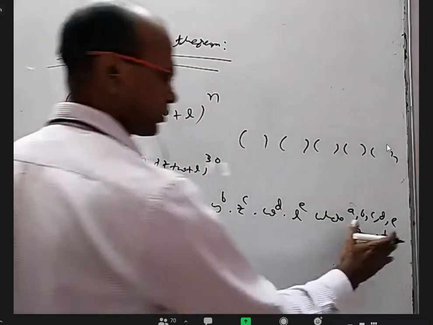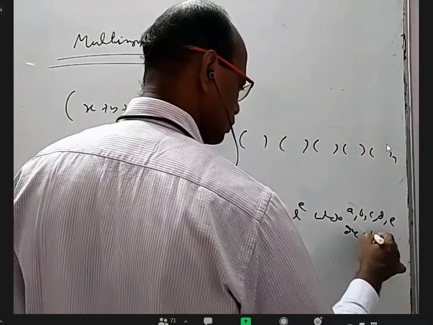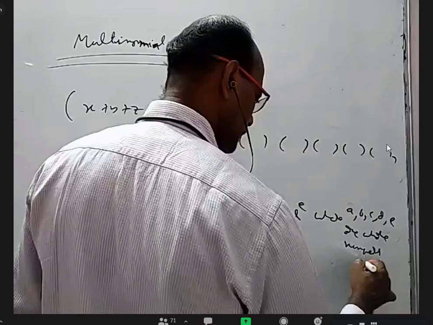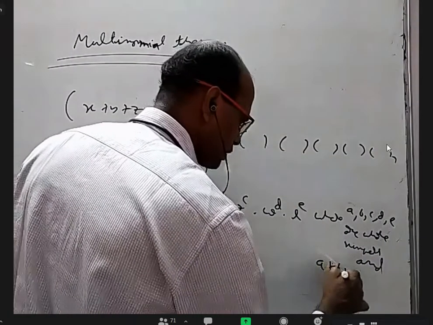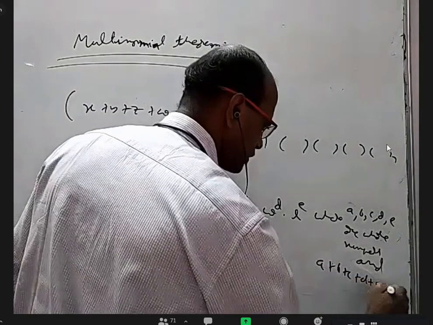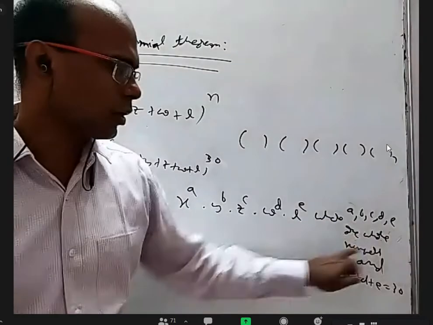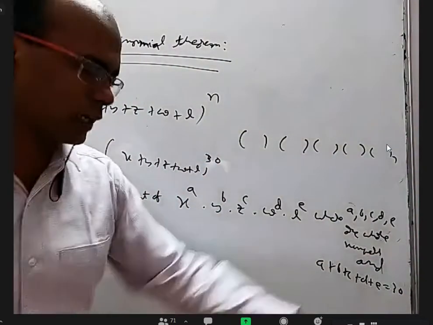You can write whole numbers, therefore 0 or positive. Okay, a, b, c, d, e are whole numbers, and not just whole numbers, their sum is 30: a + b + c + d + e = 30. Where a, b, c, d, e all are whole numbers, some of them may be zeros, ones, twos, but the sum of them should be 30.